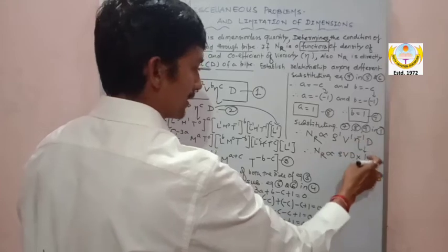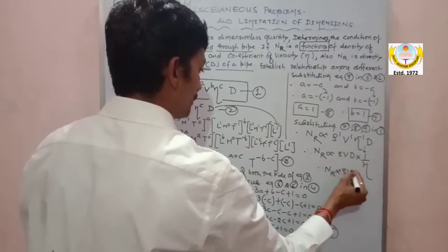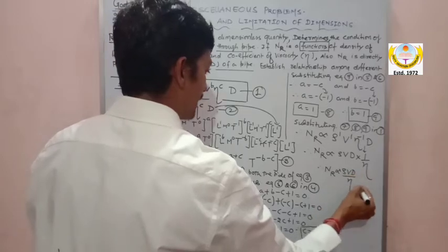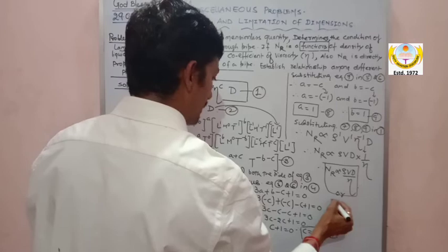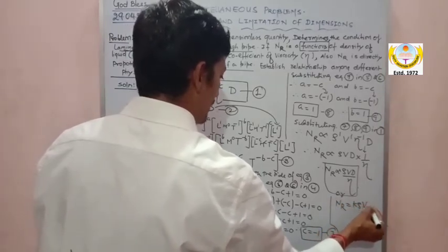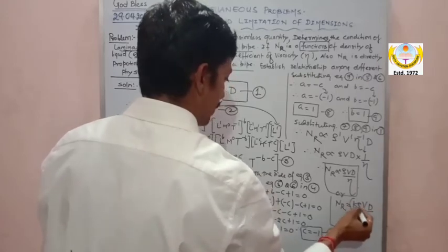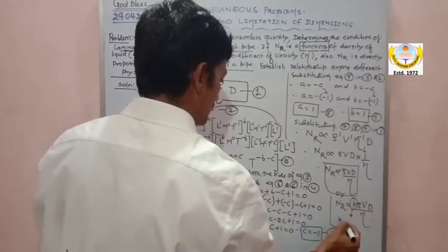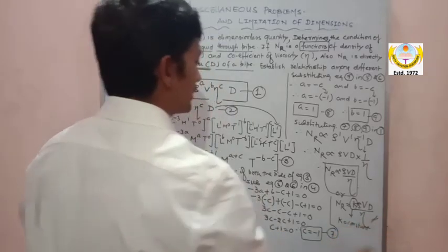Because eta power minus 1 is 1 upon eta, therefore Reynolds number is directly proportional to rho VD divided by eta. Or this can be written as NR is equal to K rho VD divided by eta, where K is constant. So this is the relation.